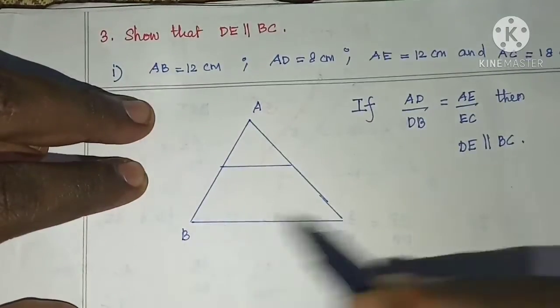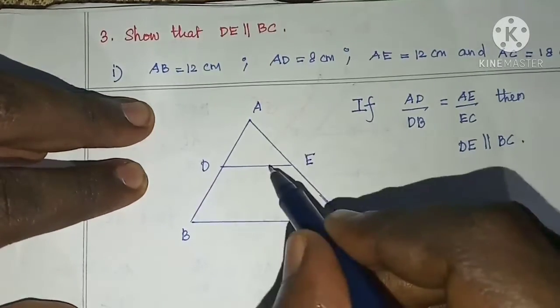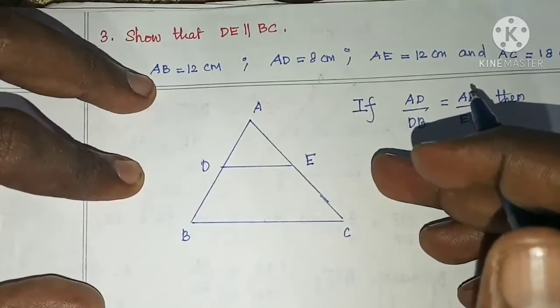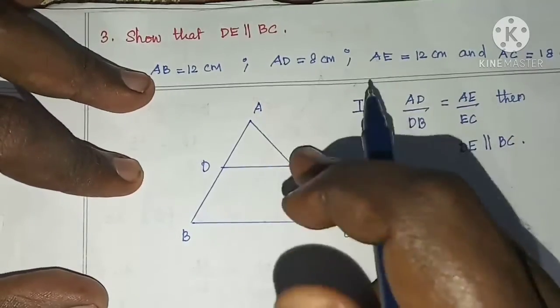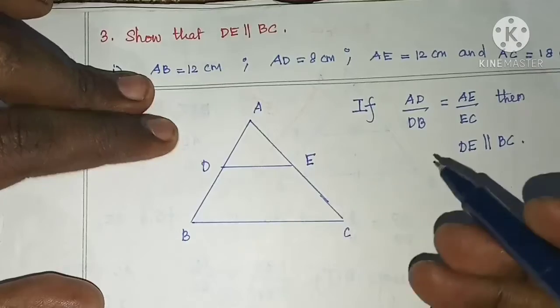ABC is a triangle, DE is a straight line drawn parallel to BC. Okay, so now we are going to show whether DE is parallel to BC or not.